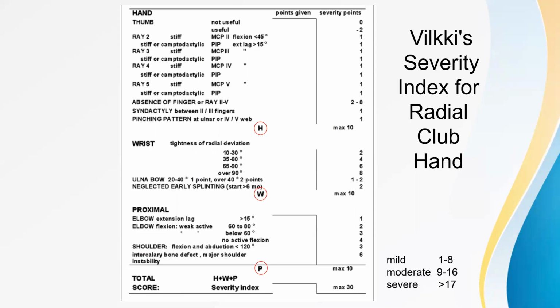So he proposed the HWP, hand, wrist, and proximal part scoring system, focusing on movement of the joints or stiffness, the previous intervention or no intervention before presentation to your clinic, and the involvement of more proximal structures.